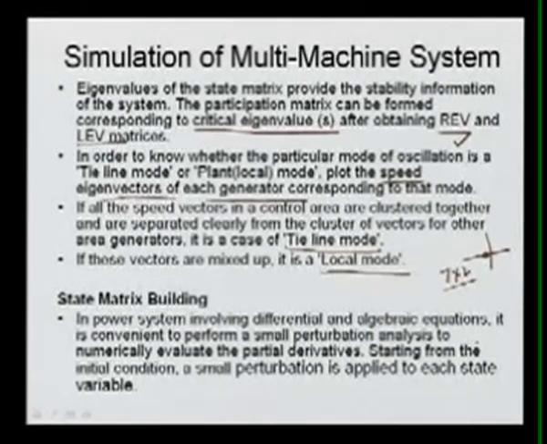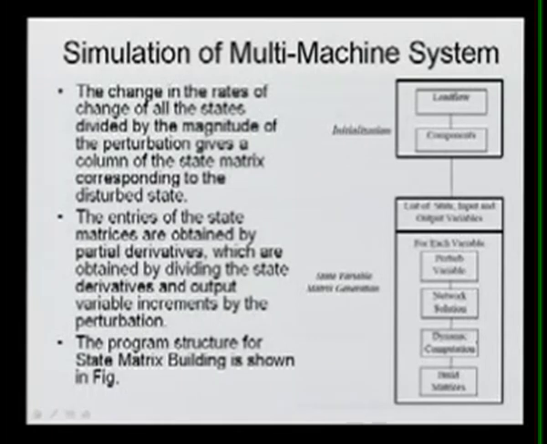Starting from the initial condition, a small perturbation is applied to each state variable. The change in the rates of change of all the states, divided by the magnitude of perturbation, gives the column of the state matrix corresponding to the disturbed state. So these are the column values of the state matrix.